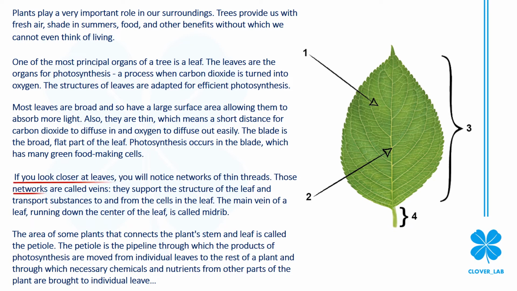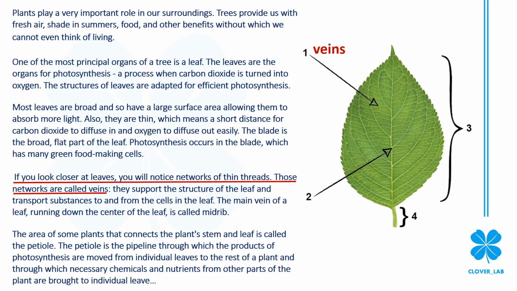If you look closer at leaves, you will notice networks of thin threads. Those networks are called veins. So yeah, as you see, the correct answer is veins or vein.